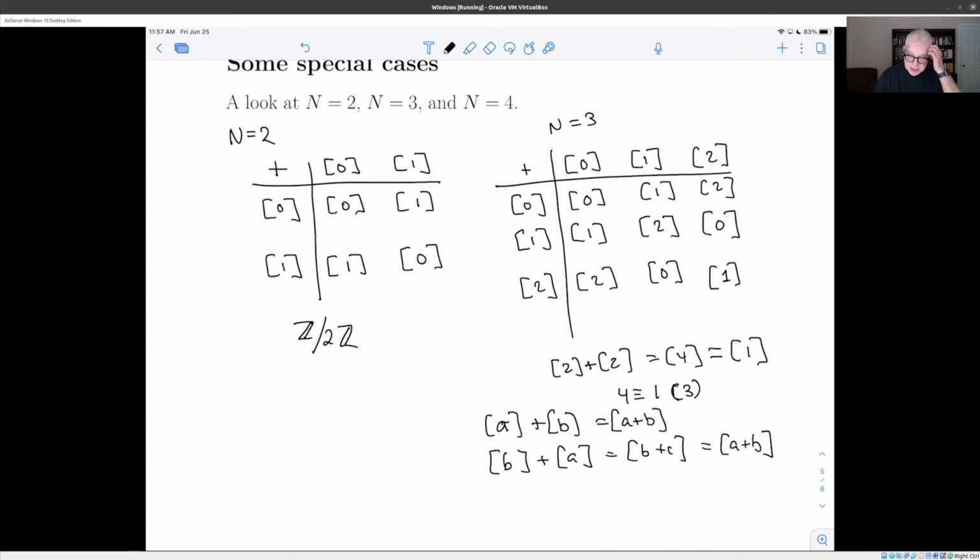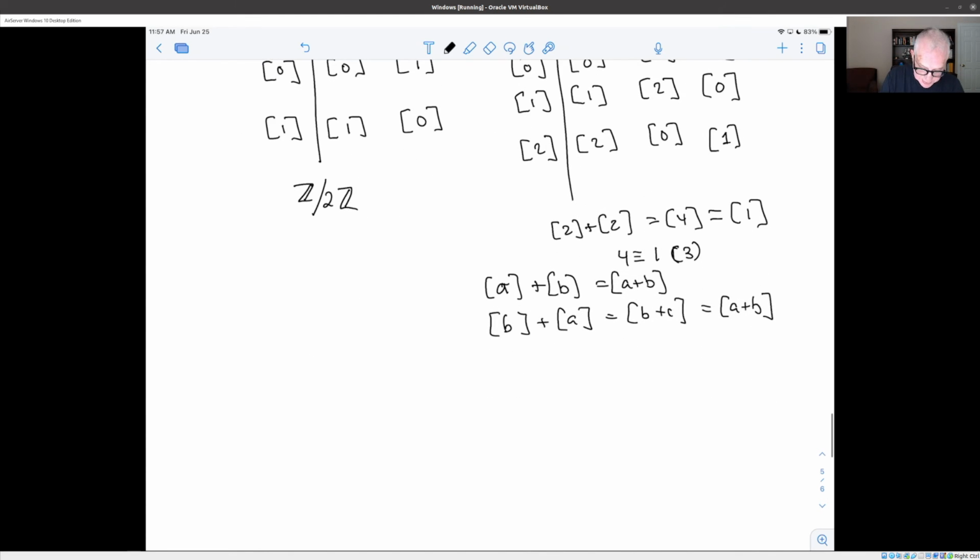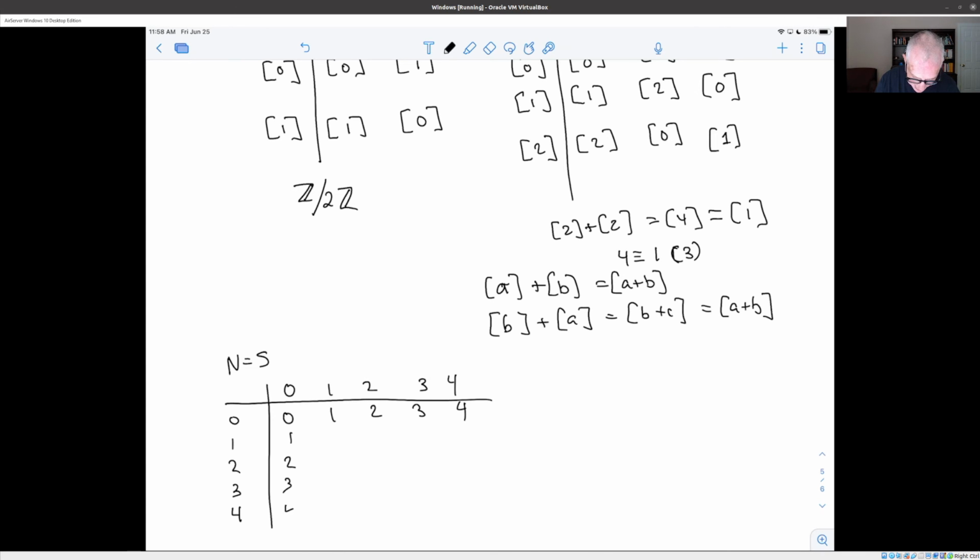And maybe just for the sake of completeness, let's look at n equals 5. Takes a little more writing. Now I'm just going to drop the boxes so I use up less space, but you should understand that there's a box here. So when you add 0, nothing happens. When you add 1, you get 2, 3, 4.